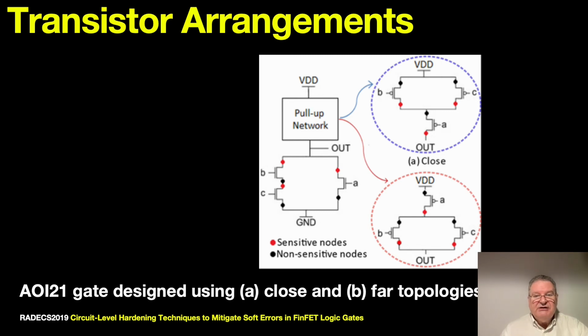For example here, if you have the 8 transistors close to the output or far from the output, this changes nothing in the equation or the function, but there is a change in the sensitivity to radiation effects at each point. So when we are designing circuits that we want to be tolerant to radiation effects, it's interesting to look at this issue also.